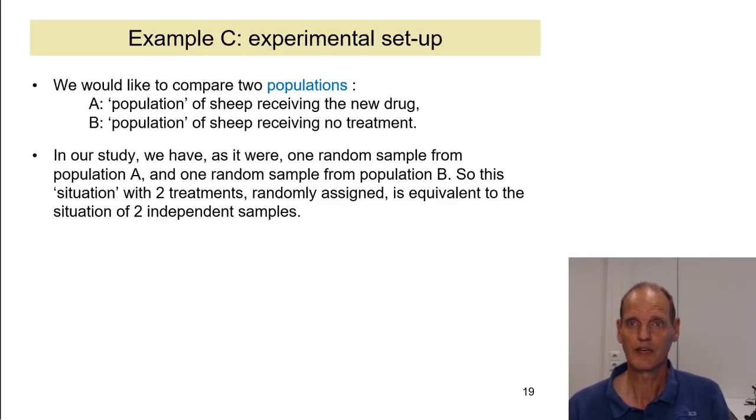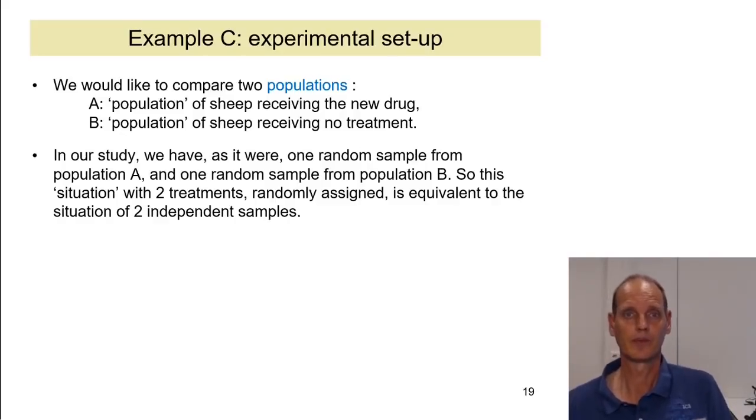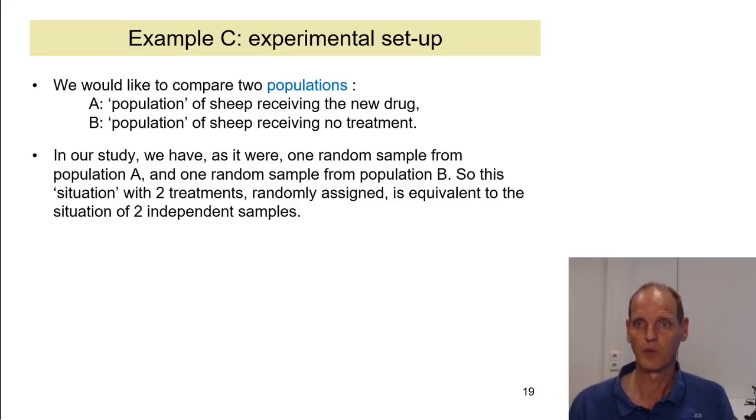In our study, we have, as it were, 1 random sample from population A and 1 from B. So this situation with 2 treatments, randomly assigned, is equivalent to the case where we have 2 physical populations, each of which gives us 1 sample. So the case of 2 independent samples.